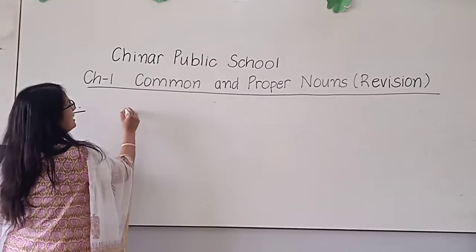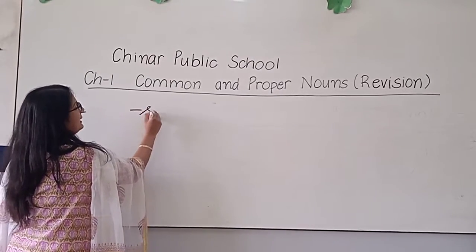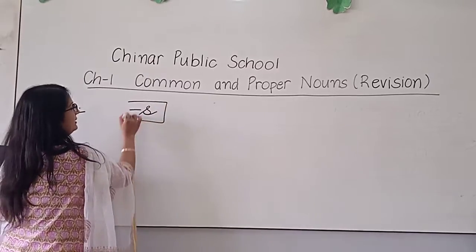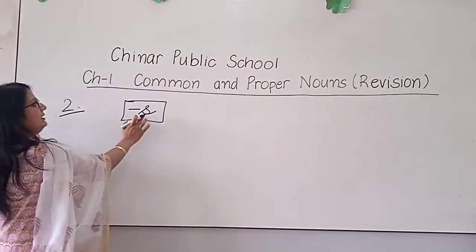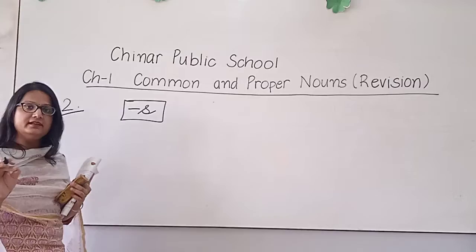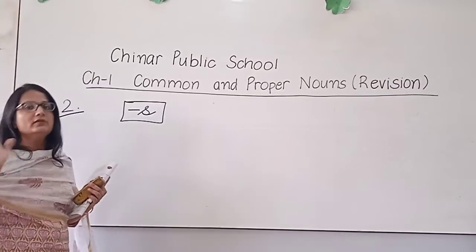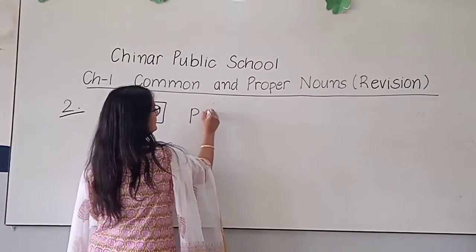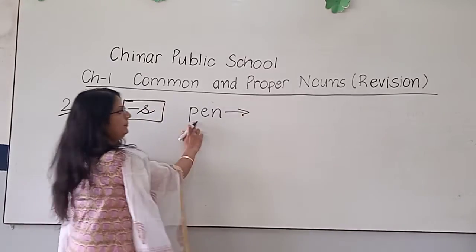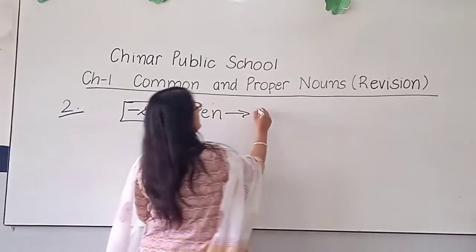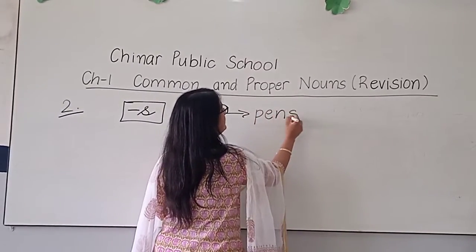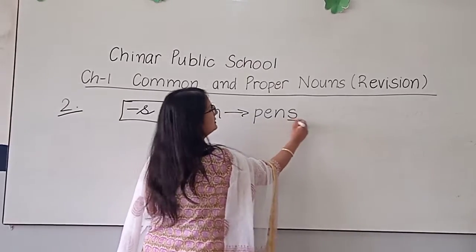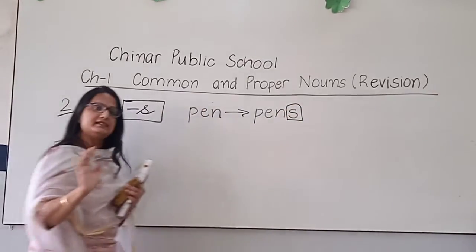Mostly plurals are formed by adding S at the end. We just add the letter S at the end and we get the plural. For example, pen. Pen is singular. We get the plural form pens by adding the letter S.